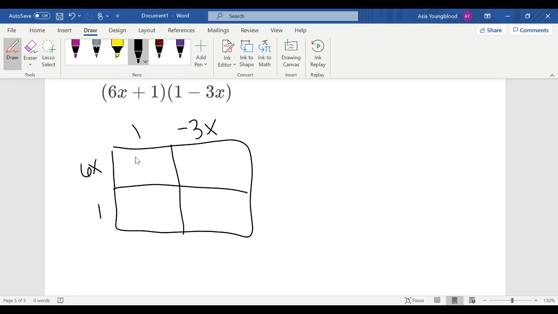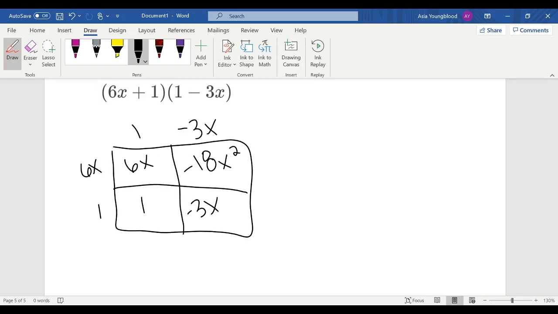So to get this first box, we're using 1 times 6x, which gets us 6x. This right box up here is going to be negative 3x times 6x, which gets us negative 18x squared. This bottom left box is going to be 1 times 1, which is going to get us 1. And this bottom right box is going to be 1 times negative 3x, which is going to get us negative 3x.